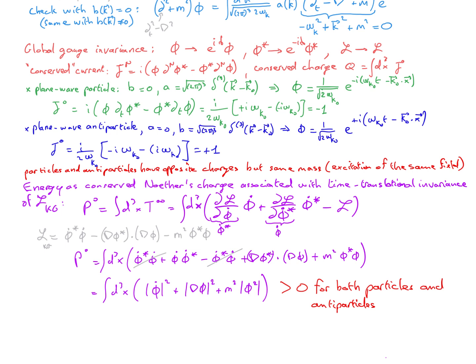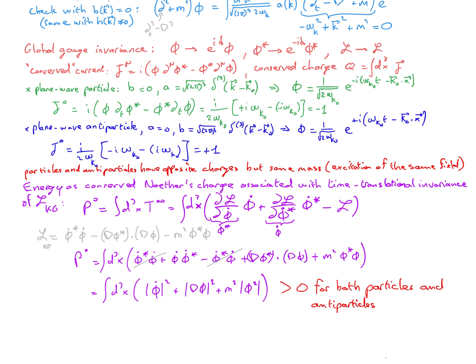We also saw that because they are excitations of the same field, they must have the same mass. But what differentiates them physically is their charge. According to Noether's theorem, we found out that the charge for antiparticles and for particles have opposite sign.